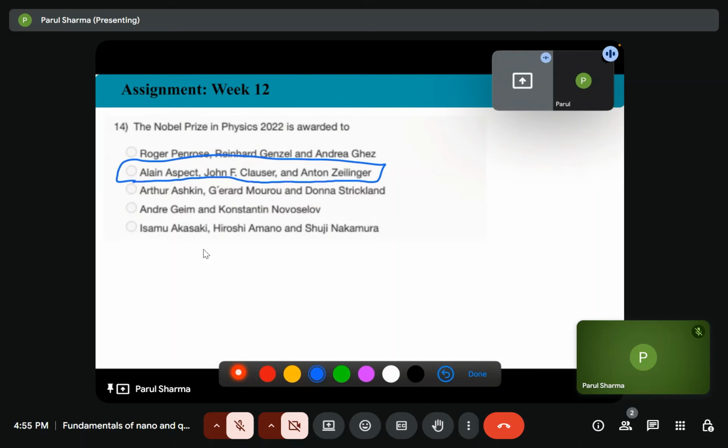Because they have demonstrated the potential to investigate and control the particles that are in entangled states.